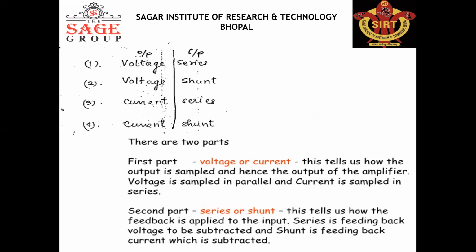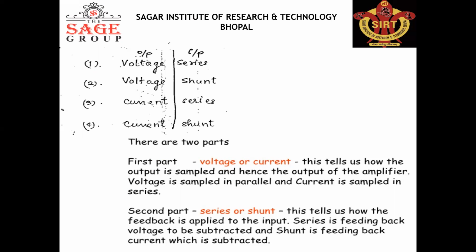The first part of the topology is voltage or current. This tells how the output is sampled, that is, in which form of energy is sampled from the output to the feedback network. That energy may be in the form of voltage, or in the form of current.